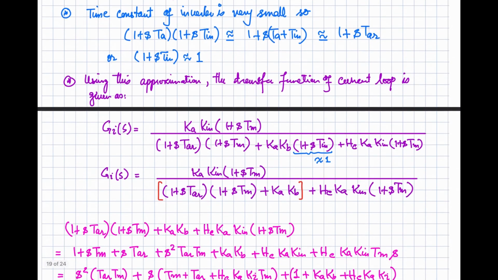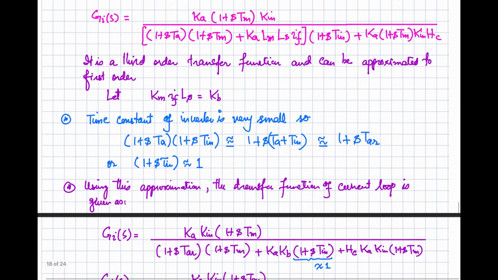Applying the approximations from this equation A, you are going to get this equation B, and over here you have applied these approximations and this definition as well: Lm into If into Ls will be called Kb from now onwards, right?